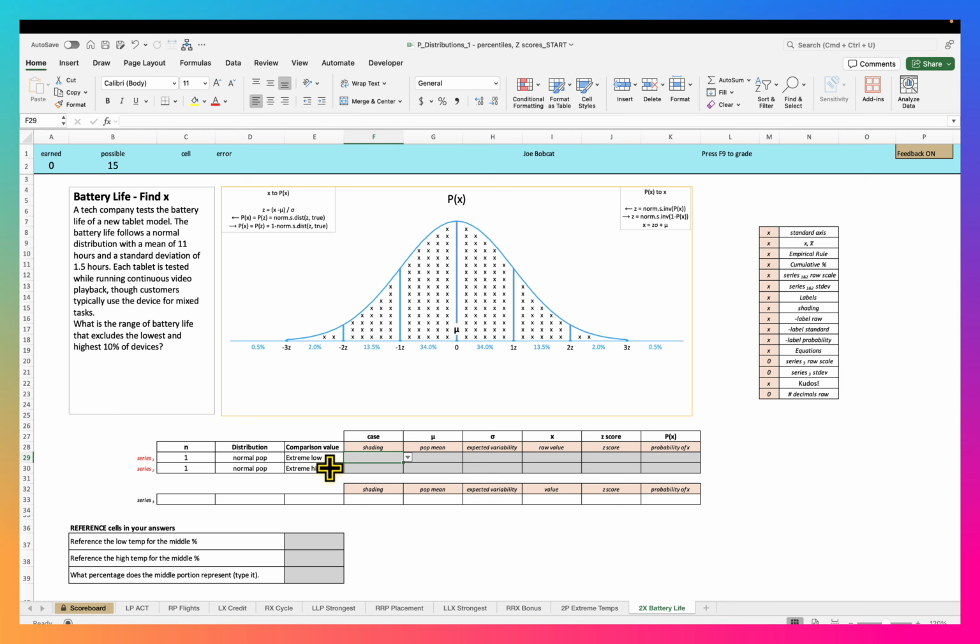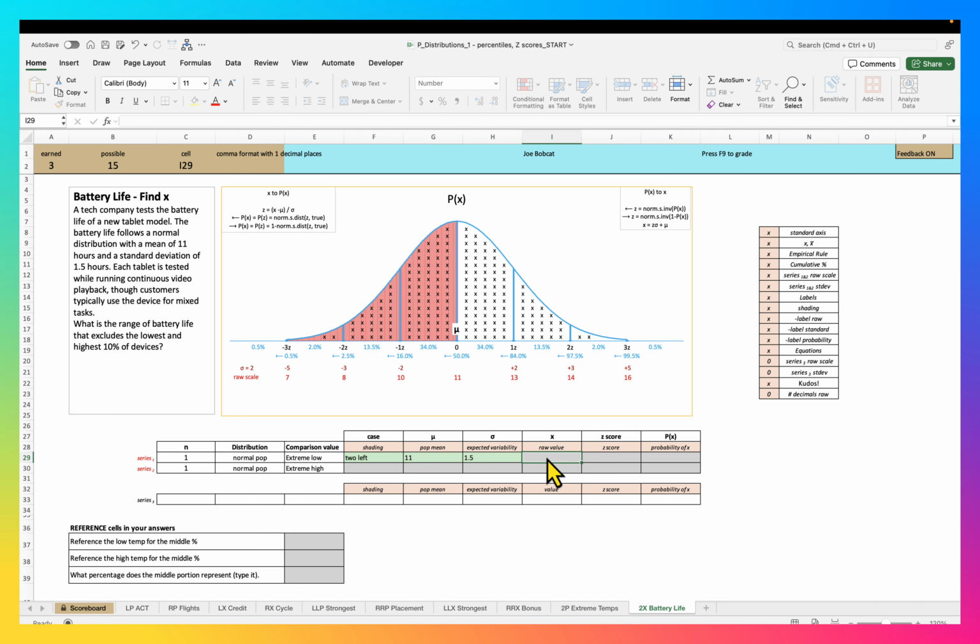So we're going to have an extreme low and an extreme high again. So we can have a 2 left. The mean is 11. Standard deviation is 1.5. The raw value is what we're looking for. We don't know it, but we are given the probability because we want the lowest 10% and the highest 10%.